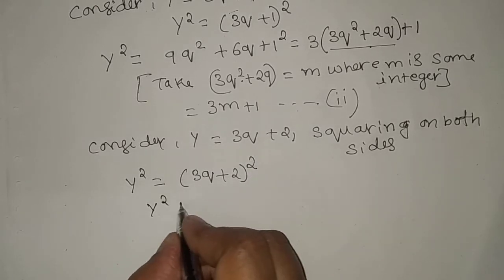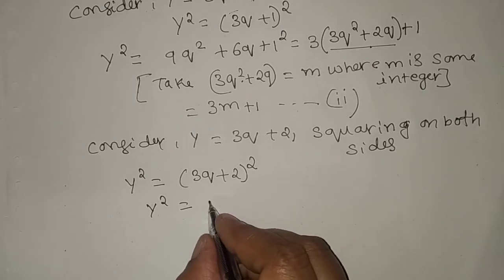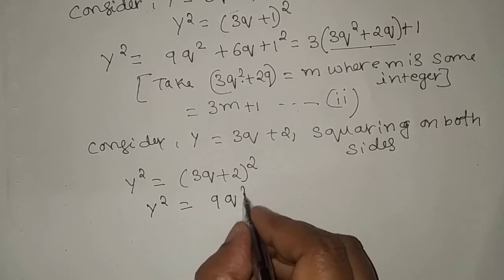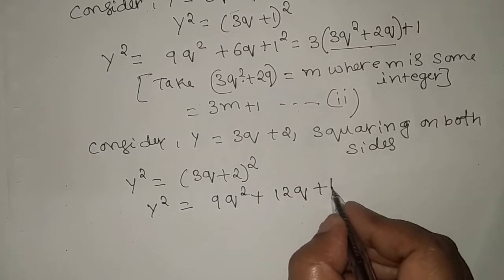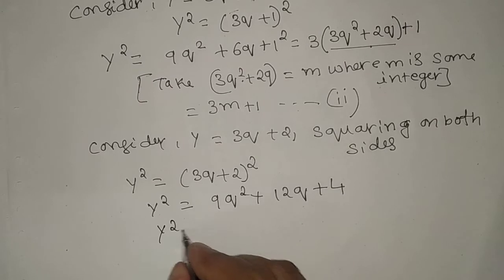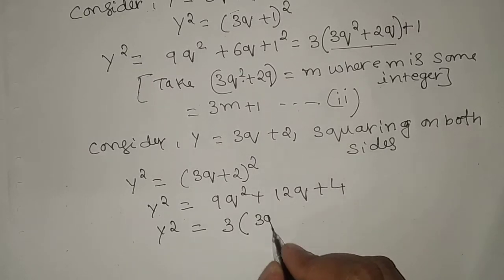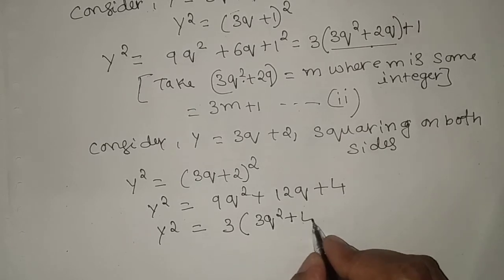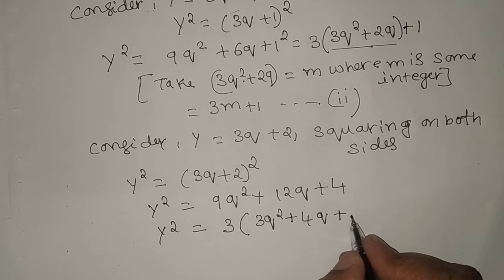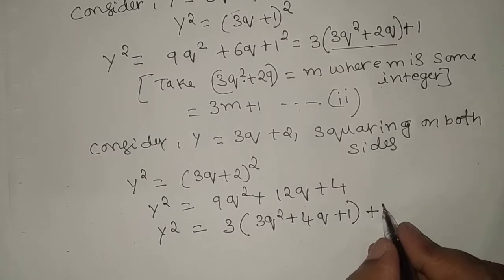Therefore y square is equal to, again, (a plus b) whole square. Apply here, 9q square plus 12q plus 4. Therefore y square is equal to, take 3 common, that is 3 into (3q square plus 4q plus 1), then plus 1 outside.